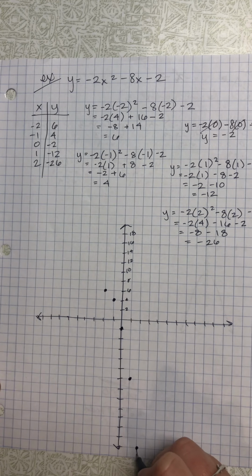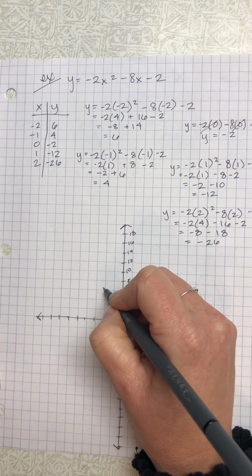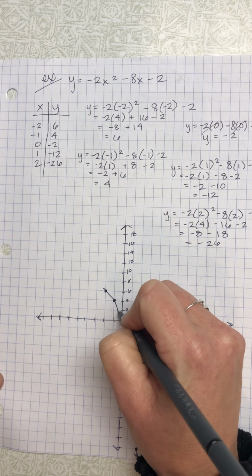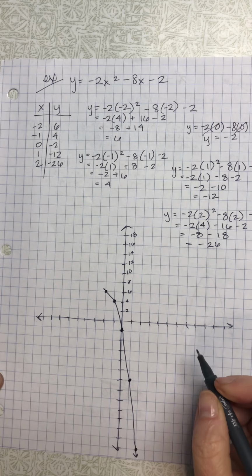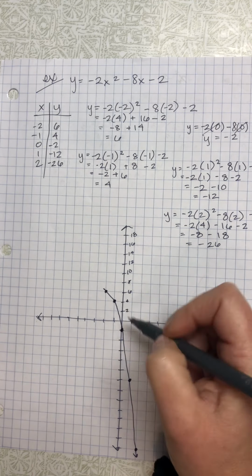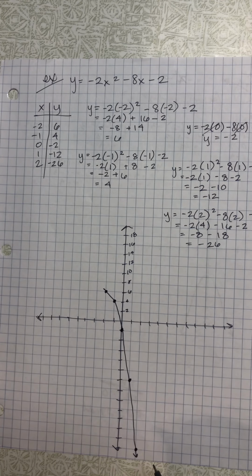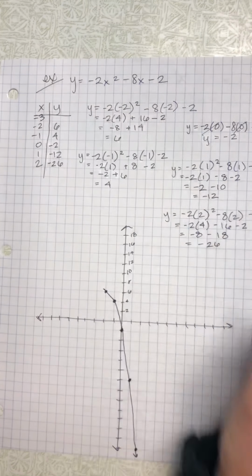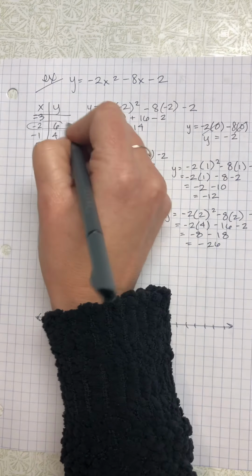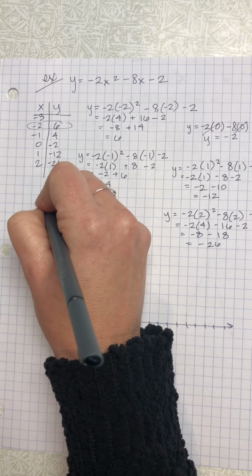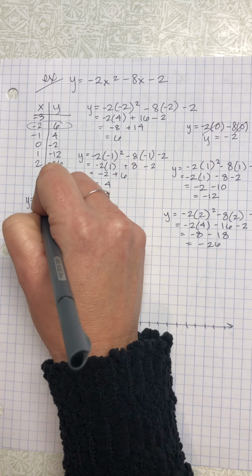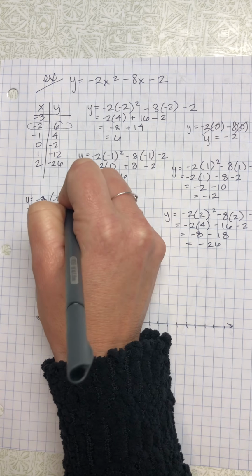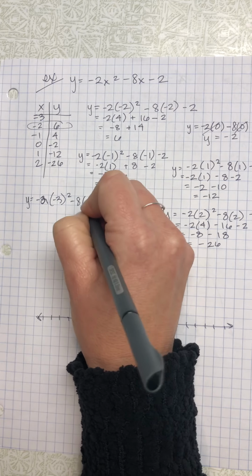If we connect these, we seem to only have half of it. Okay, so if we put in -3, since we started at -2 for an x, y equals -2 times -3 squared minus 8.